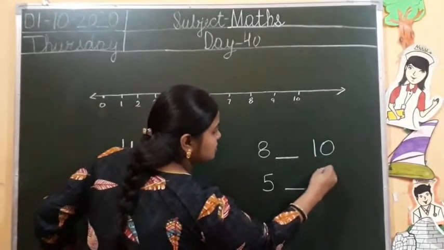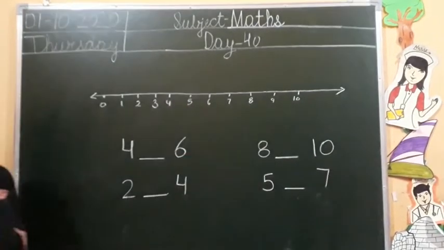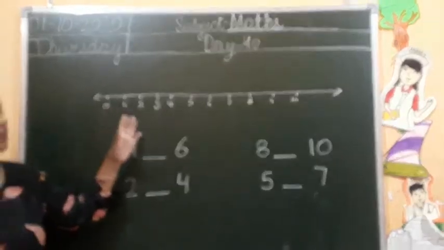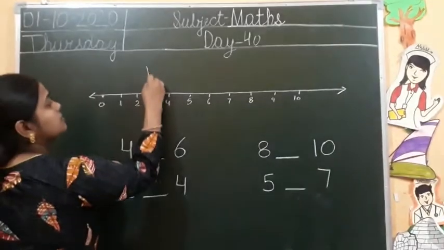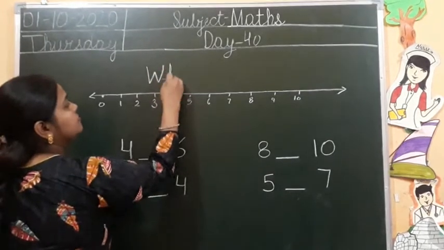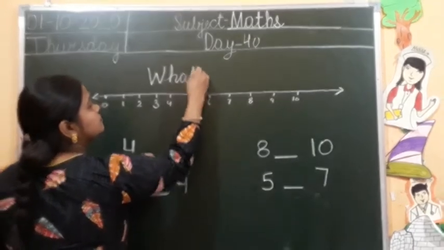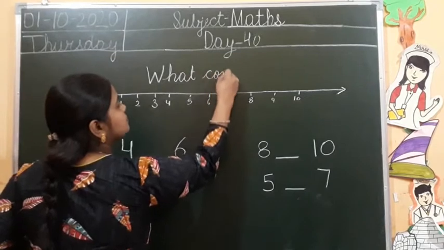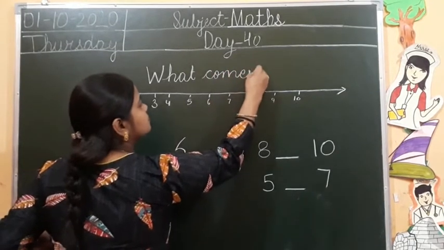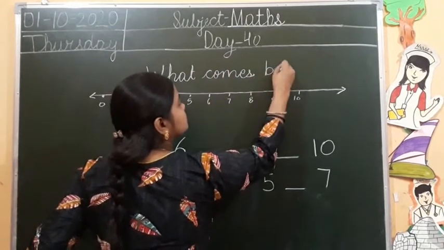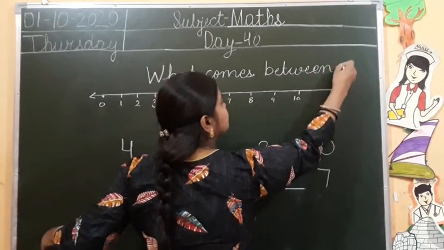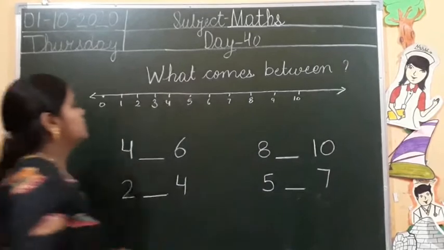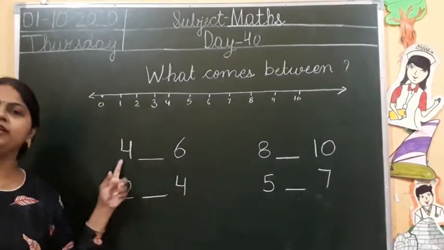Next is missing. 7. Okay. So now we are doing what comes between. What comes between two given numbers.